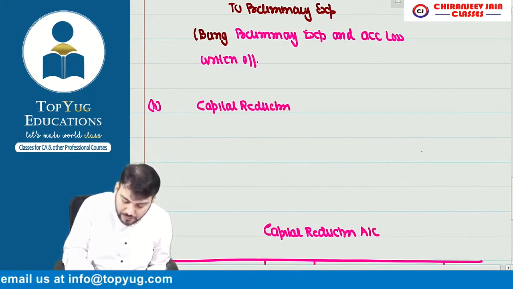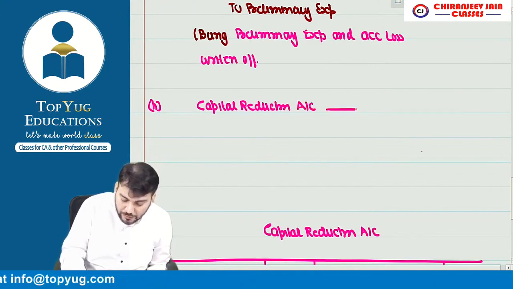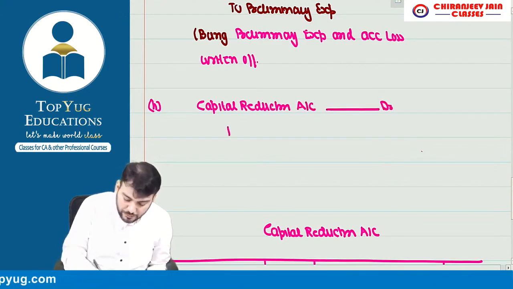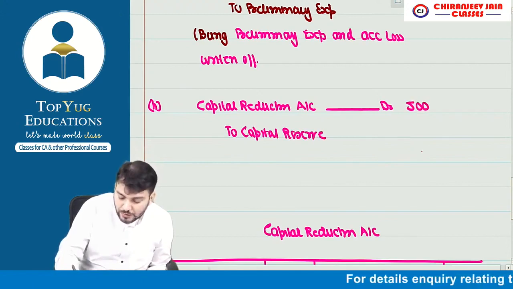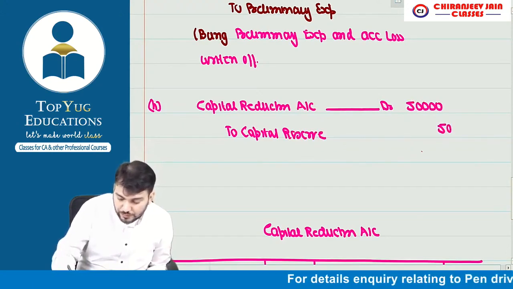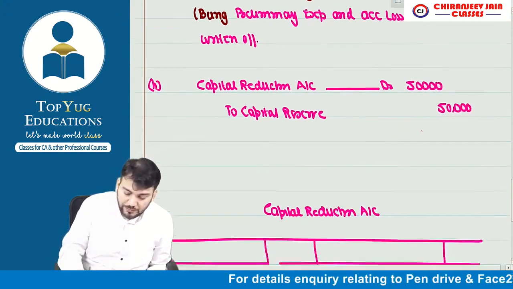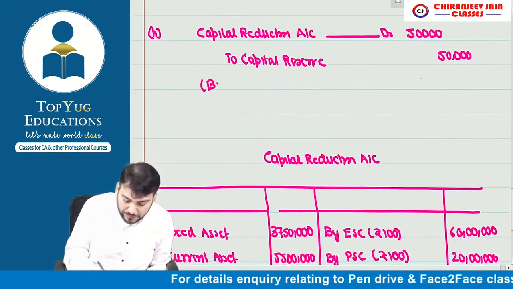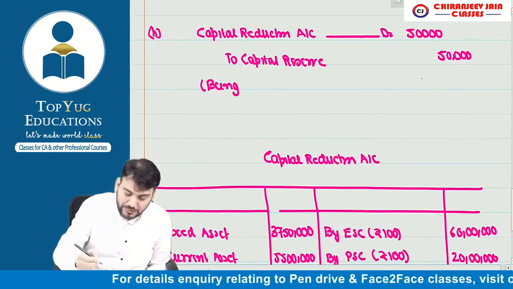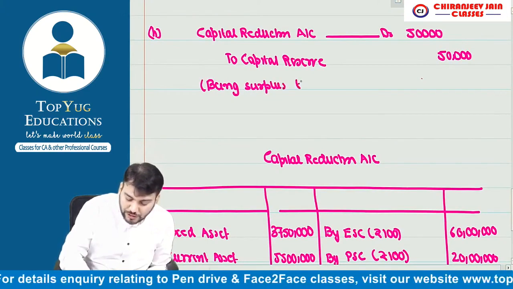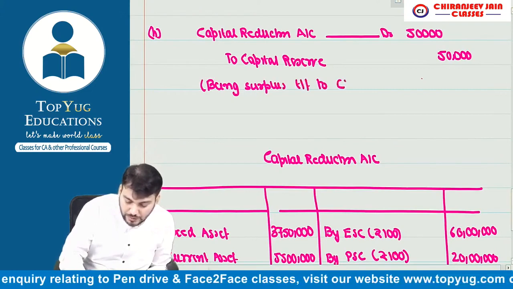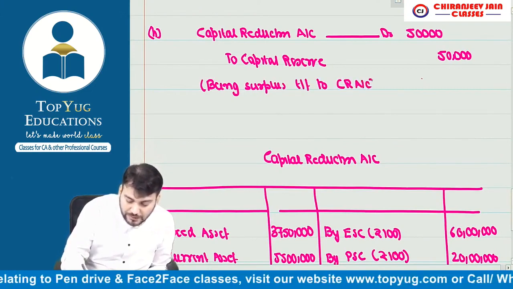Capital reduction account debit to capital reserve, how much? 50,000. Simple. Or we will write: being surplus transferred to capital reserve account.